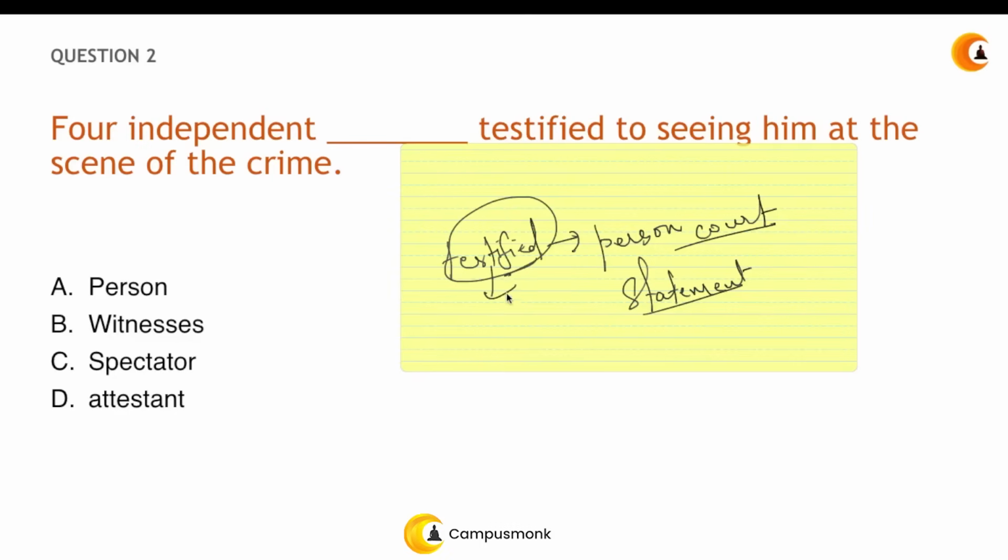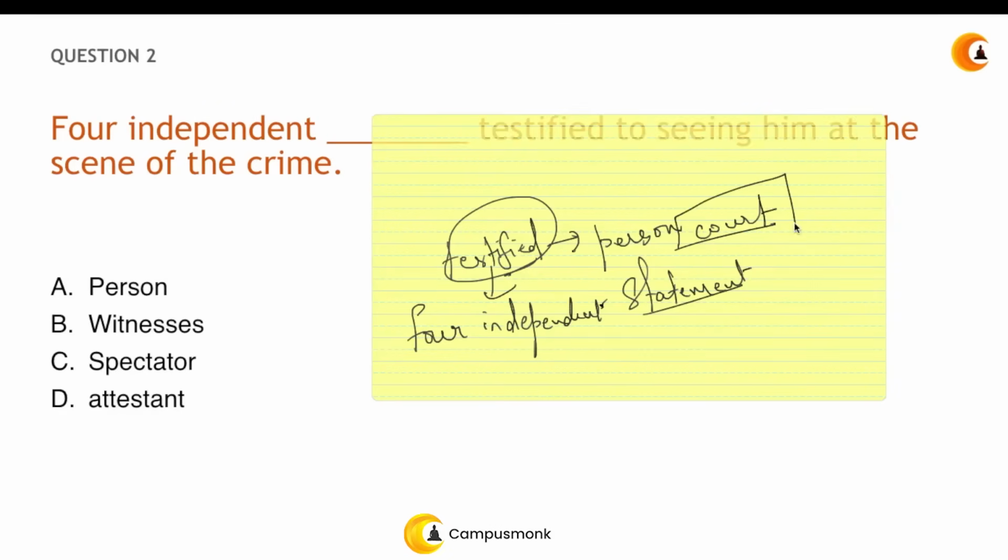But when it comes to four independent dash, and this is related to giving a statement at the court, how do I know it's a court? Because people have testified that they had seen him at the scene of crime. So scene of crime, where will they testify? The only place to testify is the court, right?